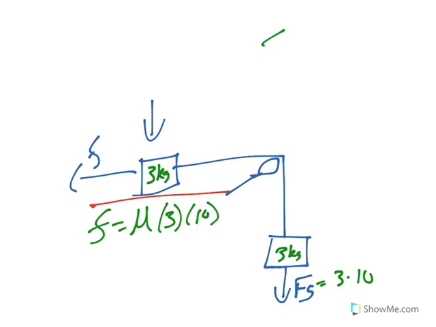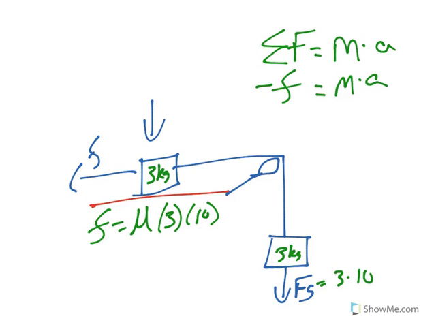Whenever you do your sum of the forces, and here's where you should pay attention, it's equal to mass times acceleration. If we're trying to figure out the acceleration of this system, then when we plug it in, friction resists movement, so friction should always be negative.